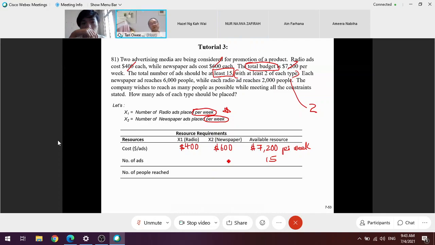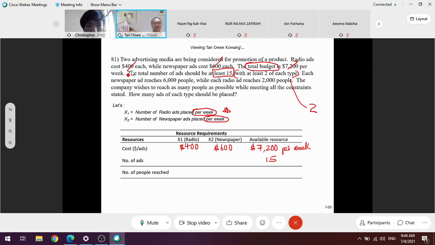This is what a student might do wrong, don't put 2. Never mind. Chris? What number should I put here? The sentence says the total number of ads should be 15. So what number should I put here? One. Total number means X1 plus X2. Right? X1 plus X2.